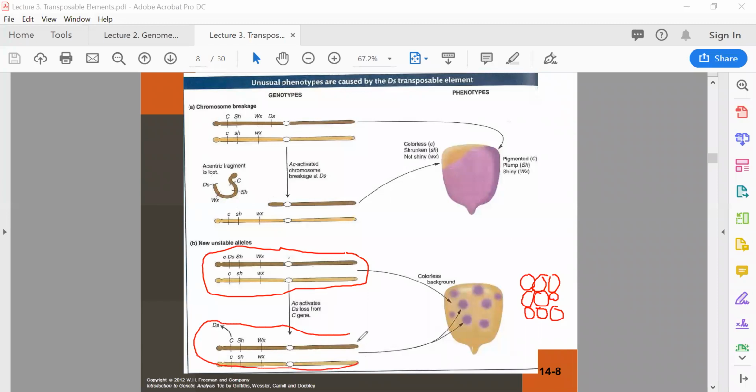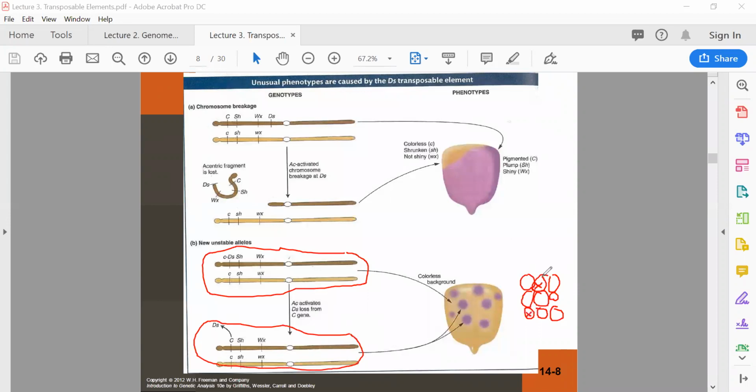That is, the AC activates DS loss from the C gene, and let's say that happens here in this cell, and it happens here in this cell here.